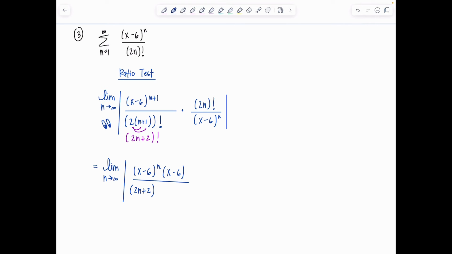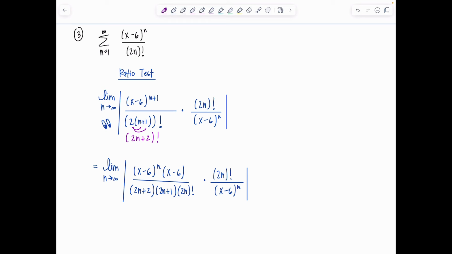What's 1 less than that? 2n plus 1. What's 1 less than that? 2n. That's exactly the factorial I have on the other side. So I'm going to stop here, 2n factorial, times, and then here's the 2n factorial over x minus 6 to the n. How are we doing?